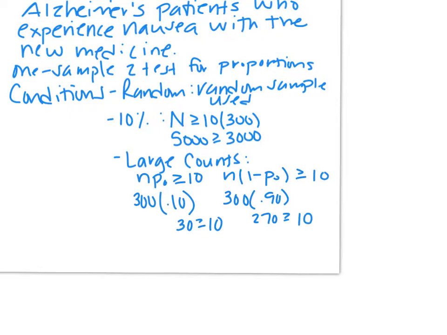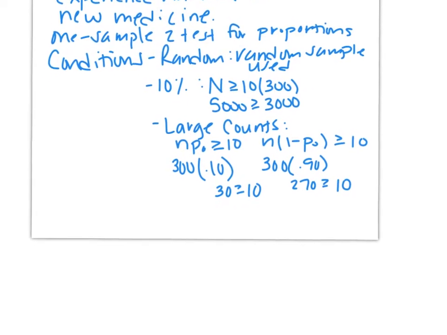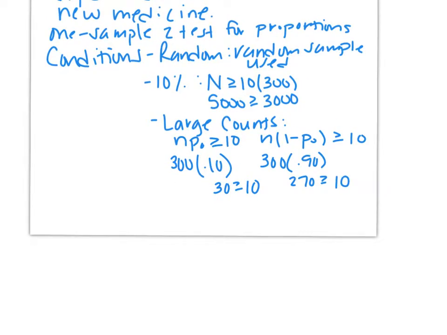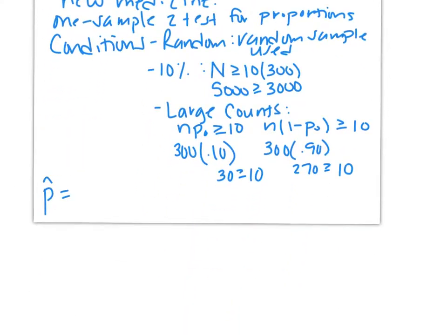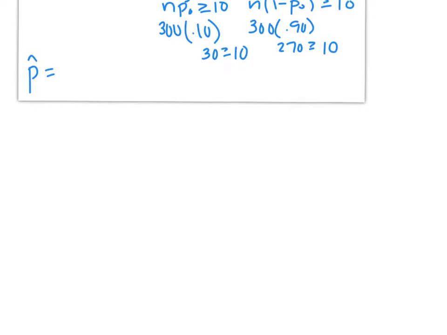All right, so now I can go ahead and start working on my test stuff. So for my test statistic, before I do that, I'm going to calculate my p-hat. So p-hat was, let's see, 25 of the 300. So we've got 25 out of 300.